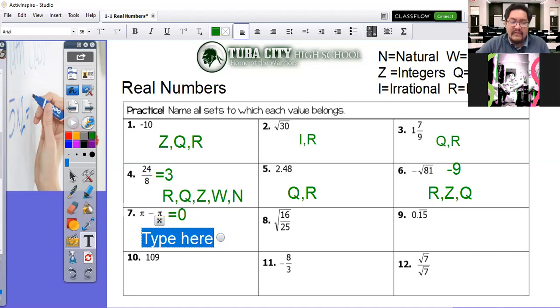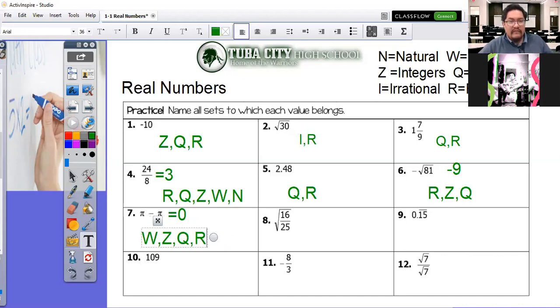And we know that 0 is an integer. Actually, it's a whole number as well. So it is a whole number. It is an integer. And looking at our diagram, it's also a rational number, and it is a real number.